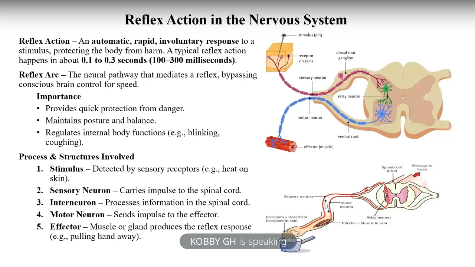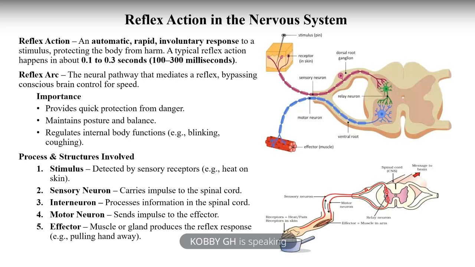We have something we call a reflex arc. A reflex arc is a pathway that mediates the reflex action, so that neural integration or processing does not have to take place inside the brain. It will just occur at the level of the spinal cord. That is what we call a reflex action.